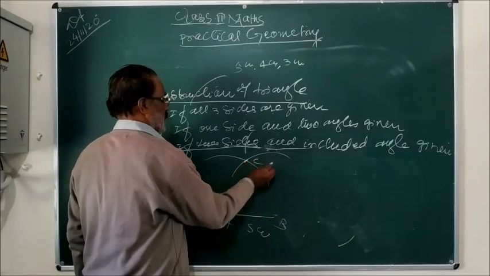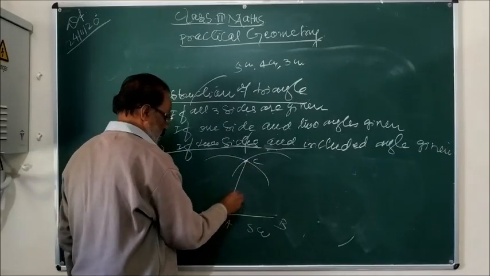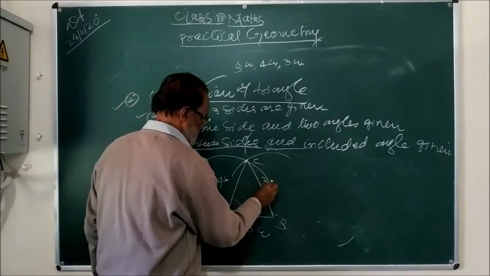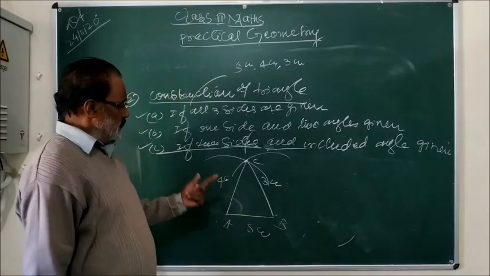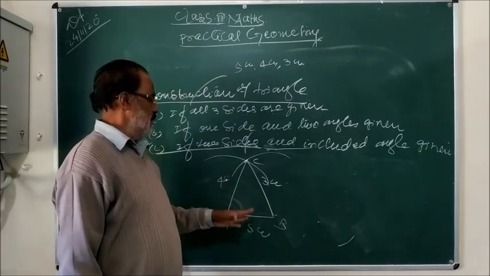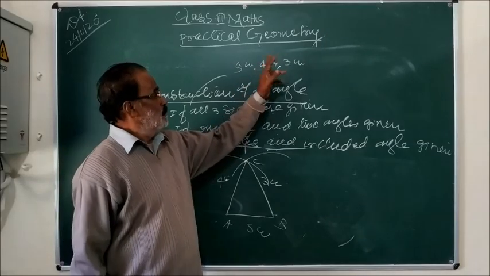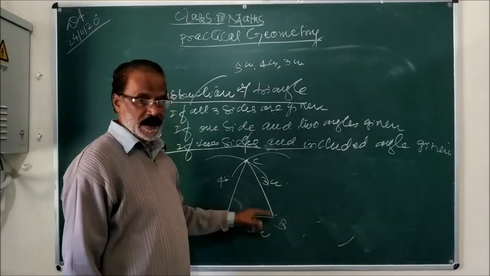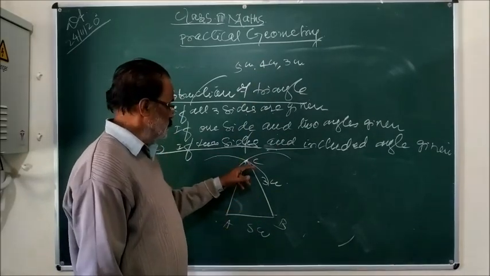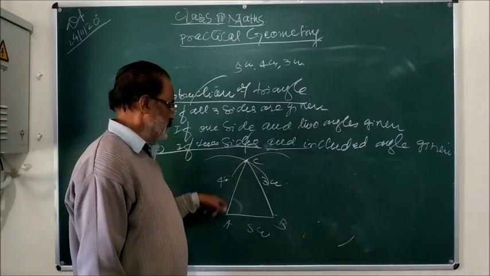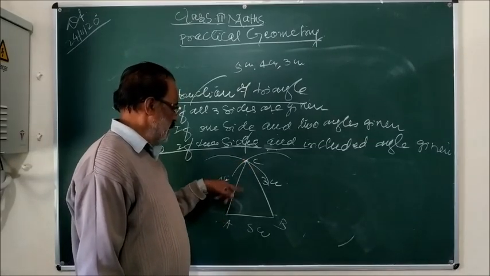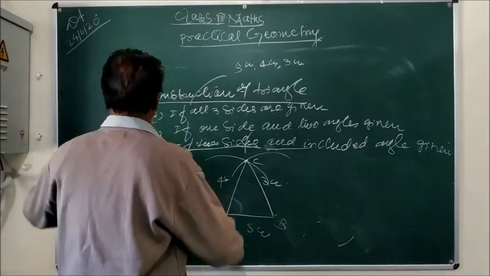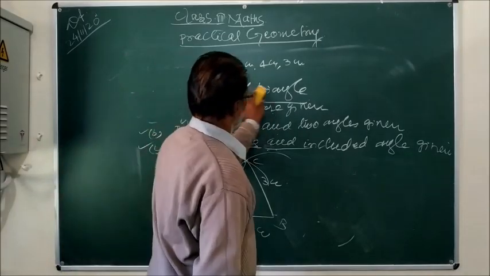These two arcs will cut at point C. Suppose you join, this will be the triangle. It is not necessary, you can take 5 here or any side, and for the other two sides you draw two arcs from the end points, and these two arcs will cut, and you join CA and CB. ABC is the triangle. So this is the method to draw a triangle if three sides are given.